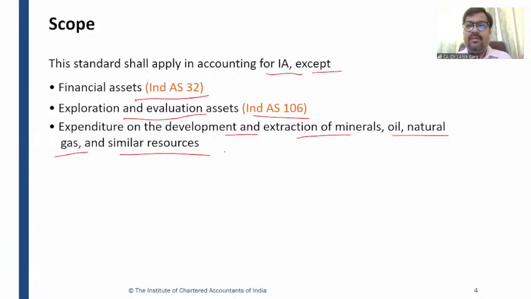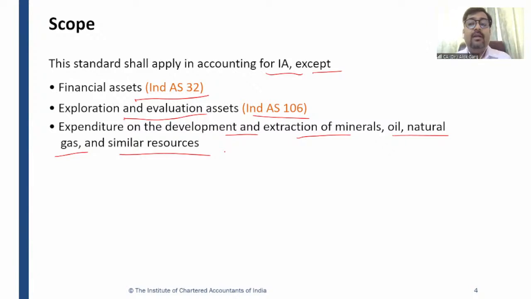So what will Ultratech Cement do? Ultratech Cement will excavate the mines, okay? Will excavate the mines and will dig out the ores, mining ores, right? Minerals, right? So this extraction of ores is known as exploration and evaluation assets.